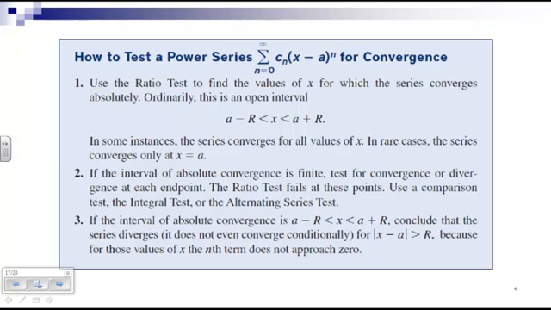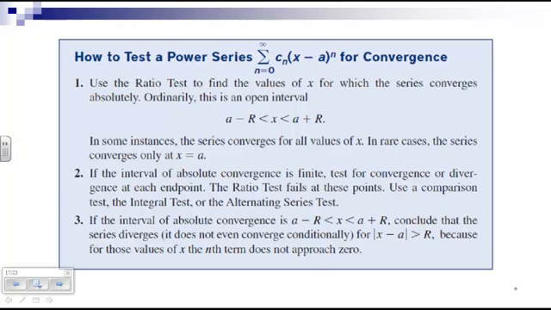It's basically saying someone hands you a power series. How are you going to attack, and what are you going to find out when you try to find the interval of convergence, or the radius of convergence for that particular series? It says, number one, use the ratio test. And when we do that, we're going to get an interval. Now, if we're really lucky, it'll be convergent everywhere.